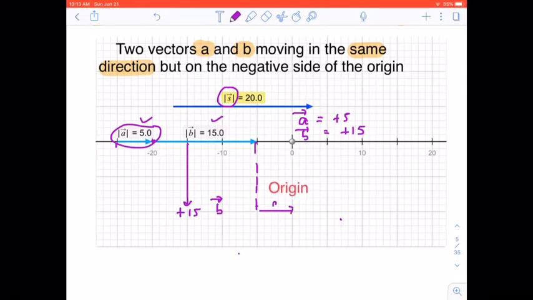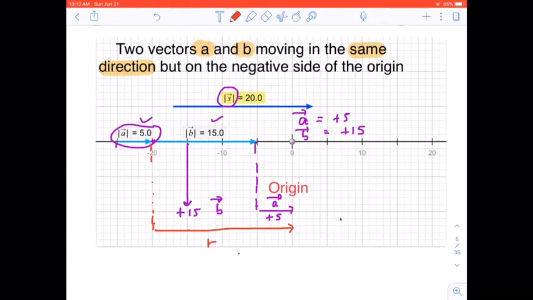This is vector A in that direction and it's plus 5. Our resultant would be from the original to where it is.